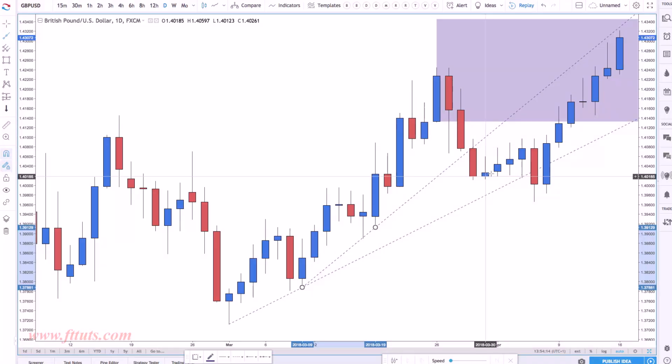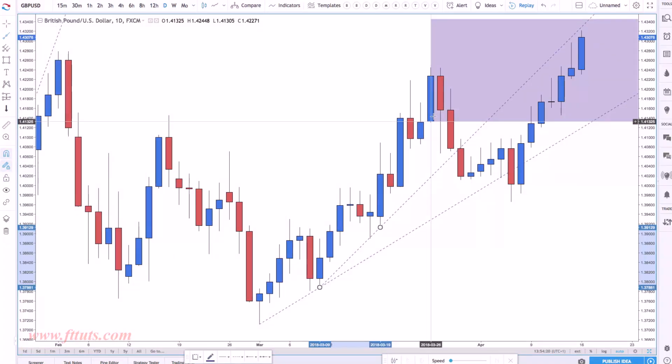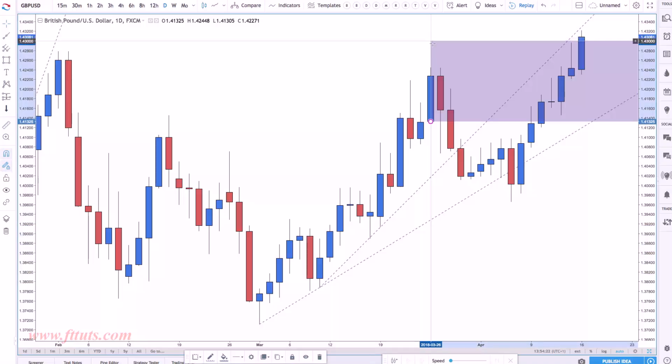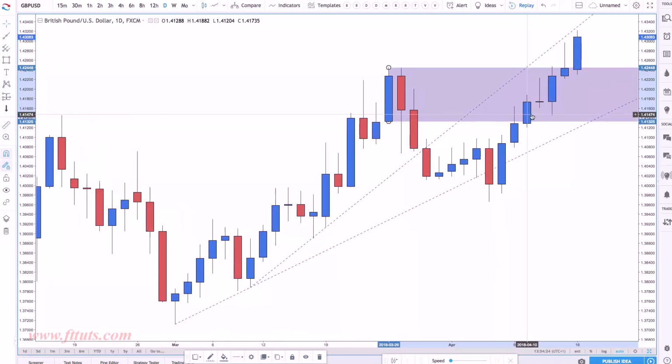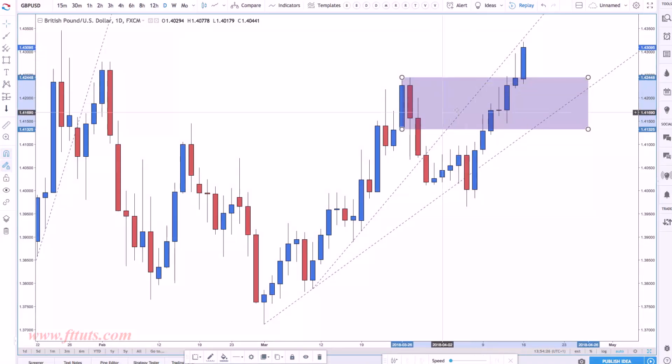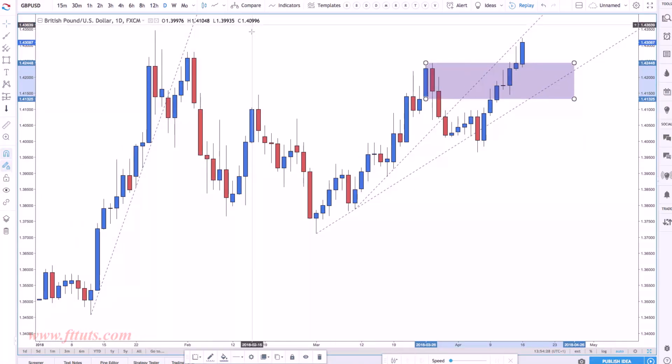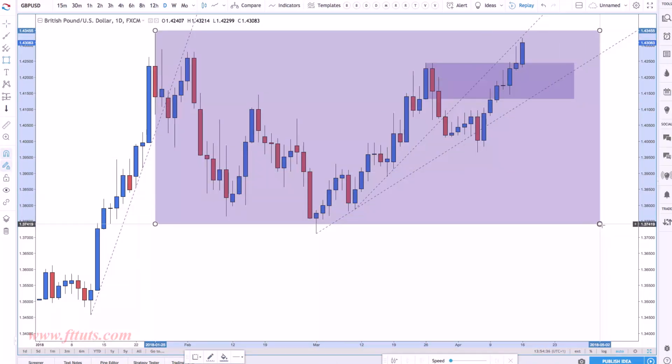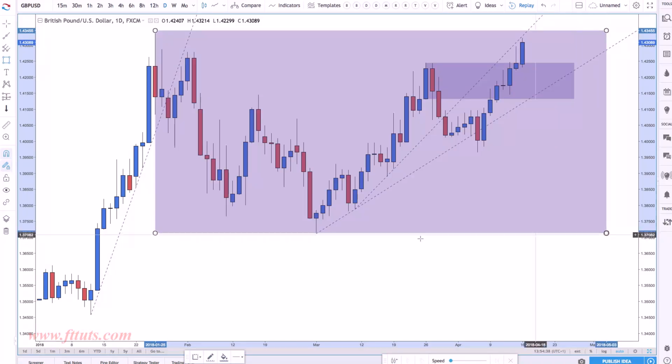Now, yeah, you see 1, 2, 3 open, high, low closes, right? So you're thinking, okay, this should be a decent supply zone, right? Now, although it's a supply zone, if you're looking at the overall range, right? So from this high to this low, right?